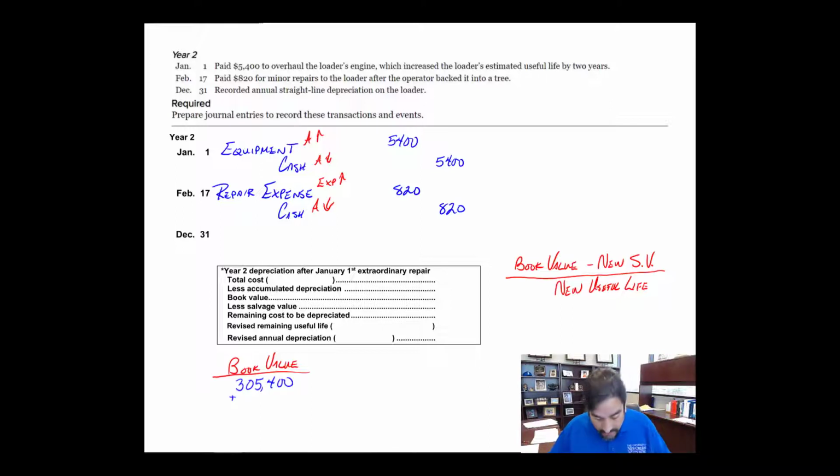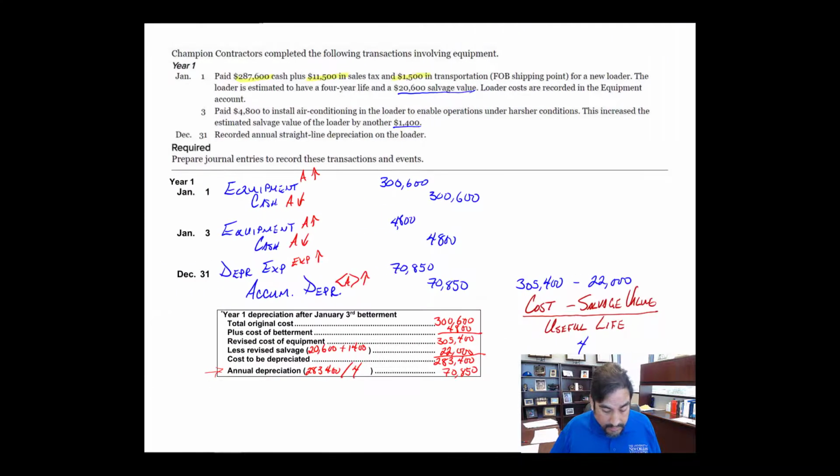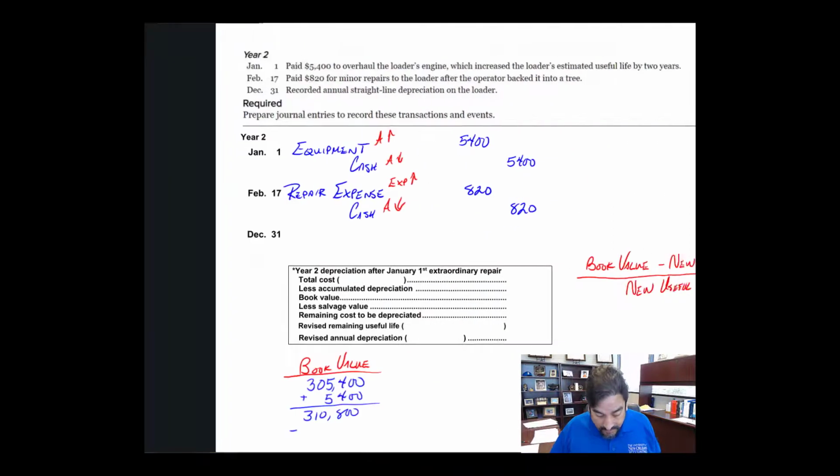But we added another $5,400 to it. So our new cost is $310,800 minus our accumulated depreciation. Our accumulated depreciation is any depreciation we've taken over the life of this. All we've got is in year one, the $70,850.